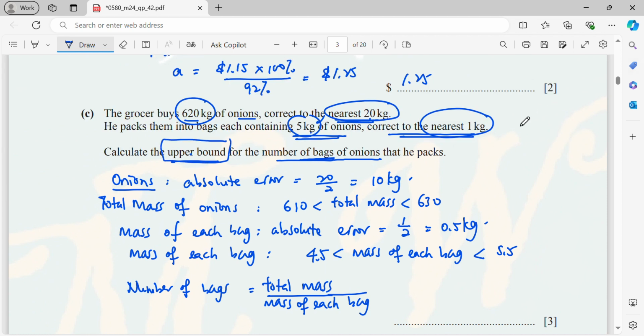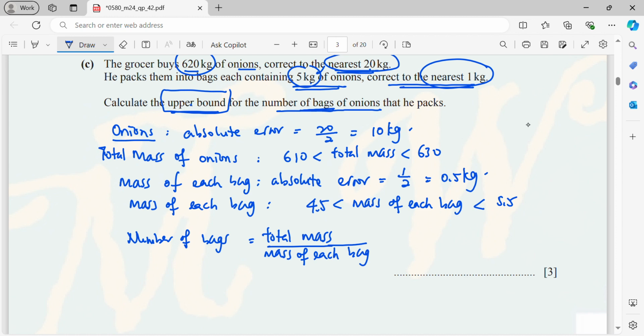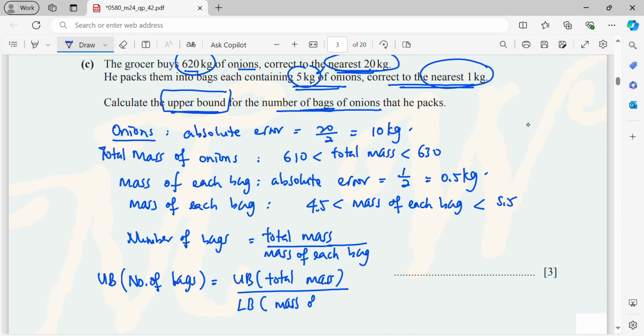So here I will say upper bound of number of bags equals upper bound for the total mass divided by lower bound of the mass of each bag.